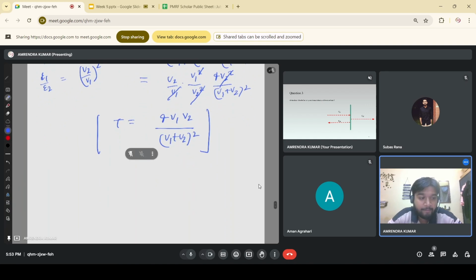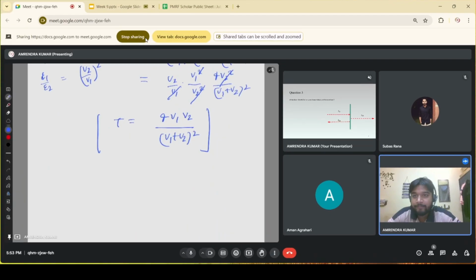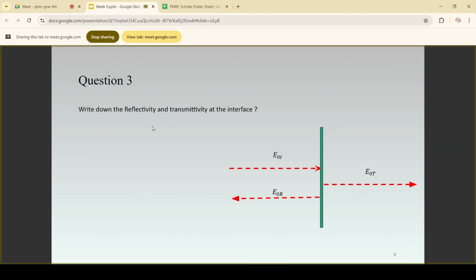Okay. Now the next question: we have calculated the reflectivity and the transmittivity.